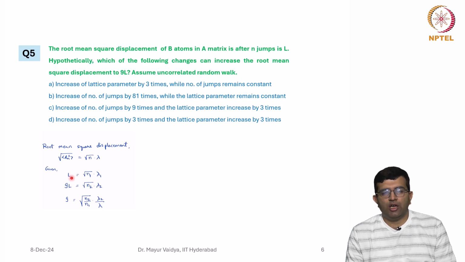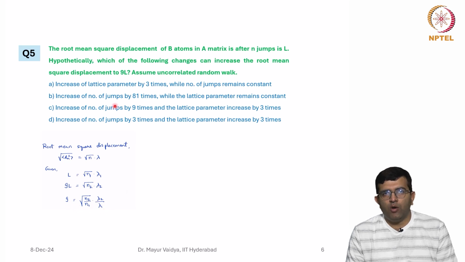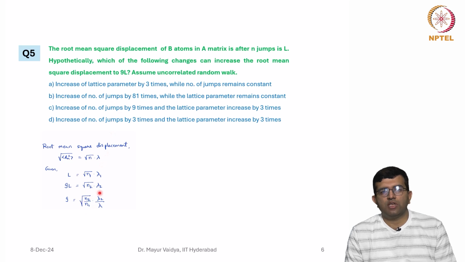Taking the ratio, 9 is equal to root of n2 by n1 into lambda 2 by lambda 1. Now, let us evaluate each option and see which gives us the product equal to 9, which satisfies this equation.